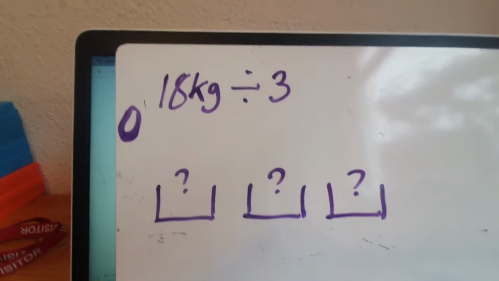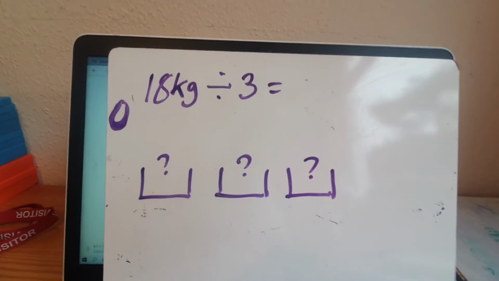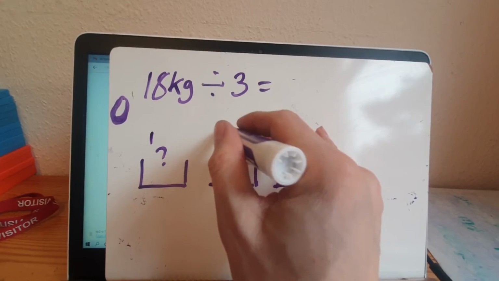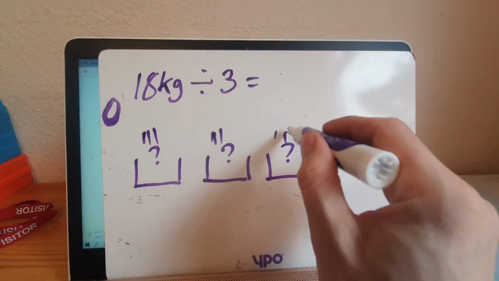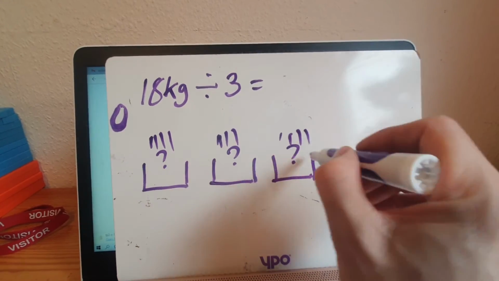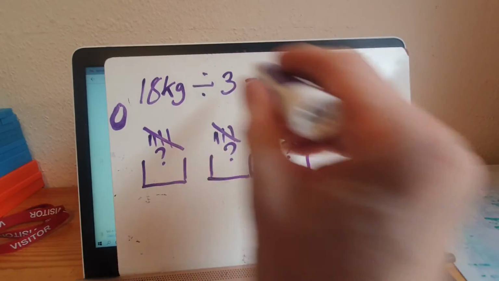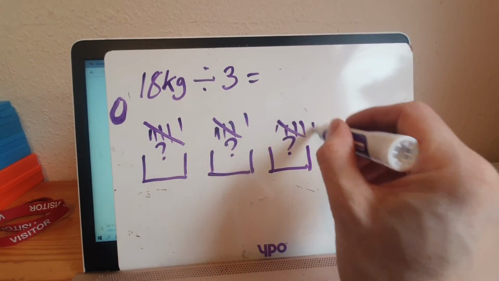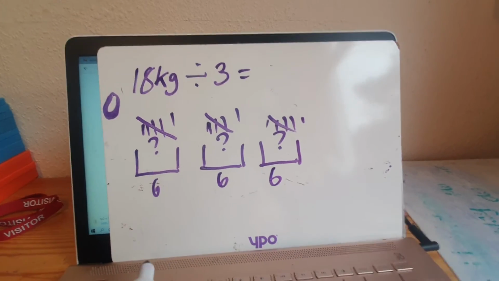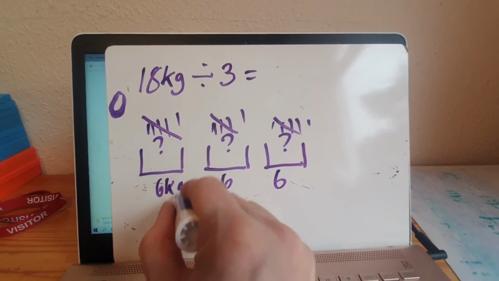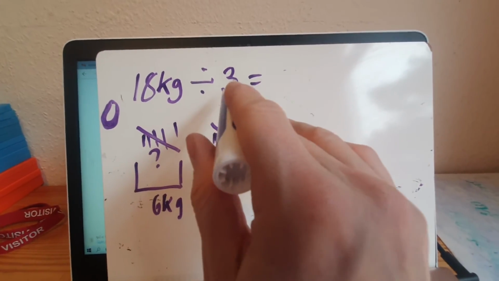So 18 divided by 3. And again, we could share those out. 1, 2, 3, 4, 5, 6, 7, 8, 9, 10, 11, 12, 13, 14, 15, 16, 17, 18. So it's 6 kilograms each.